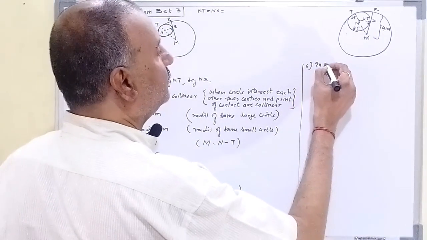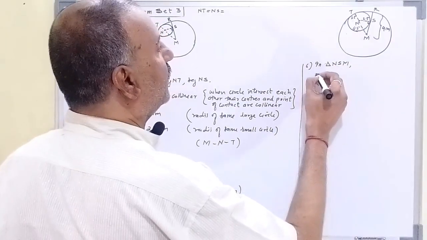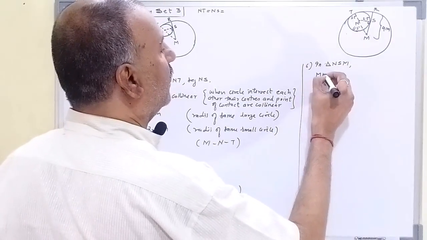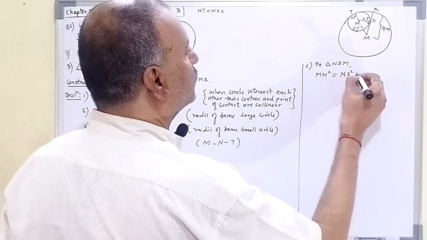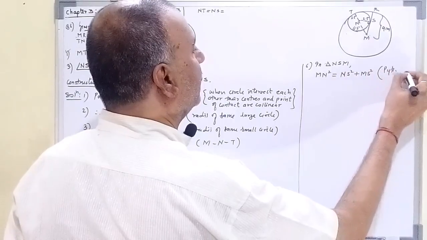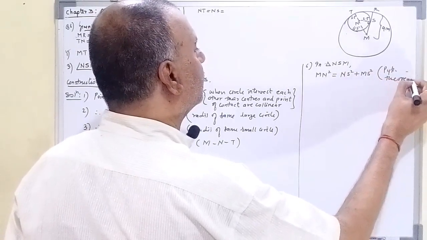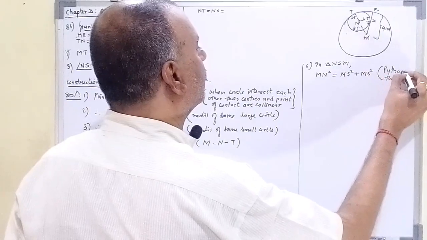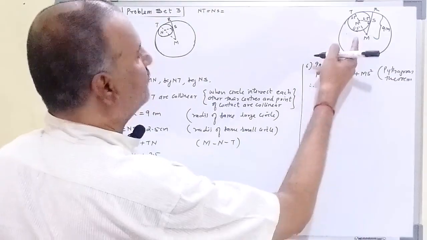In triangle MSN, MN square equal to MS square plus NS square, Pythagoras. Therefore MN की वैल्यू कितनी है, 6.5.